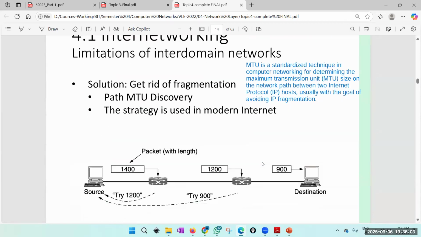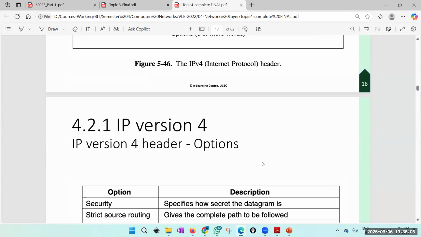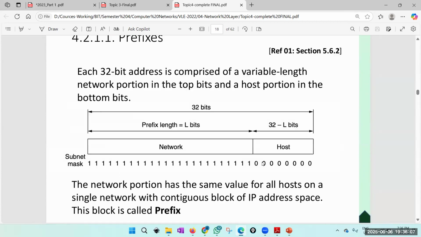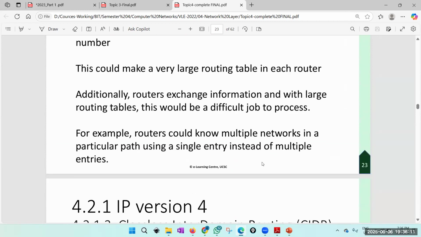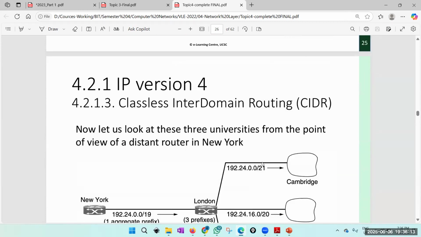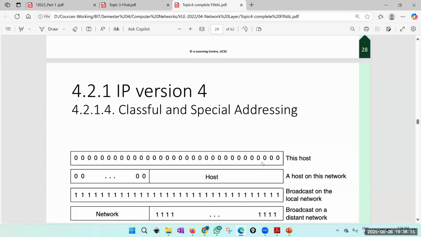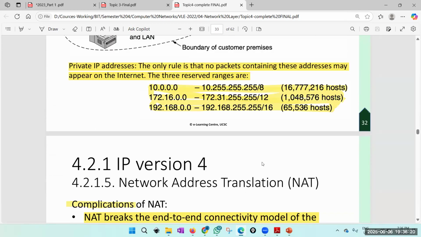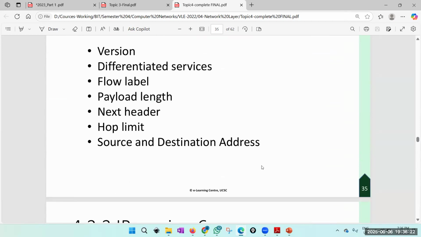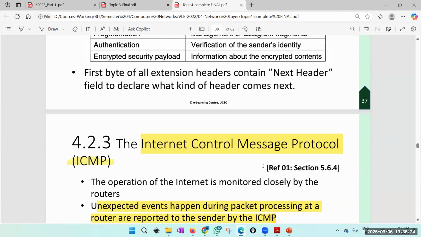Interdomain versus intradomain, IPv4 format, IPv6 structure. Subnetting we did, okay. Make sure you refer to both, right? Network address translation we discussed. Where is this?